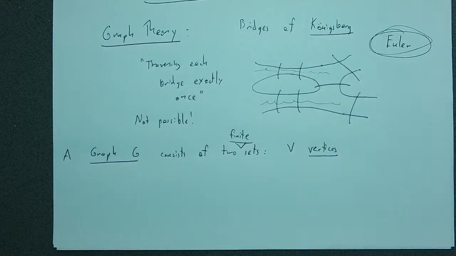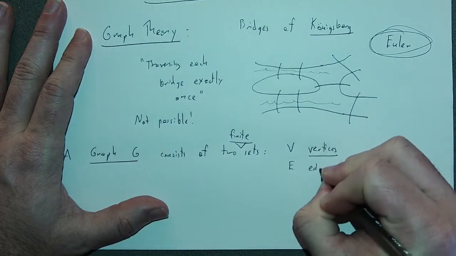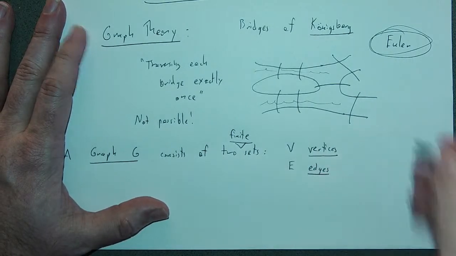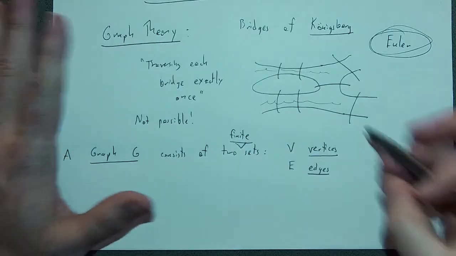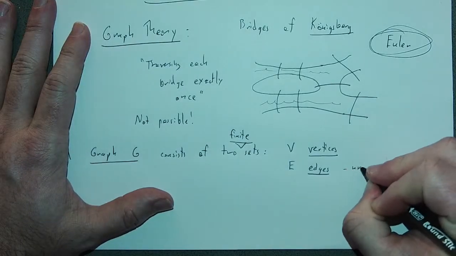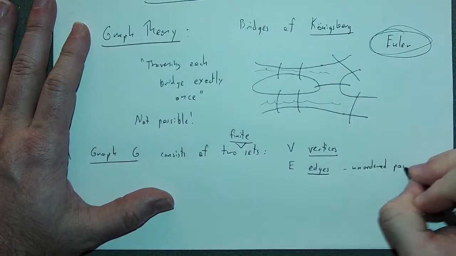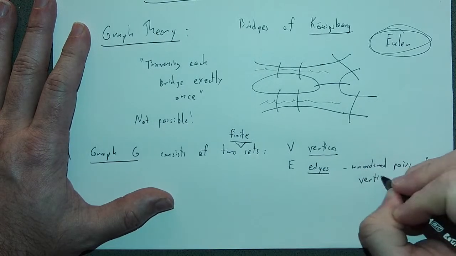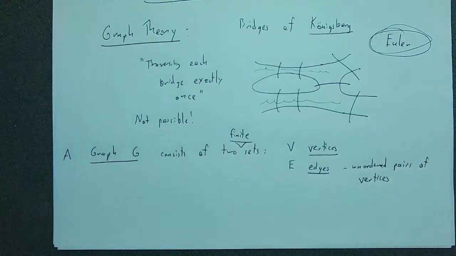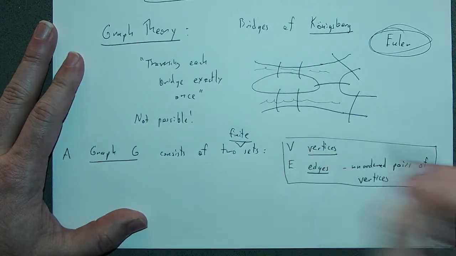And then the second set is E, the set of edges. The objects in the second set are unordered pairs of vertices. Okay, so this is exactly what a graph is.